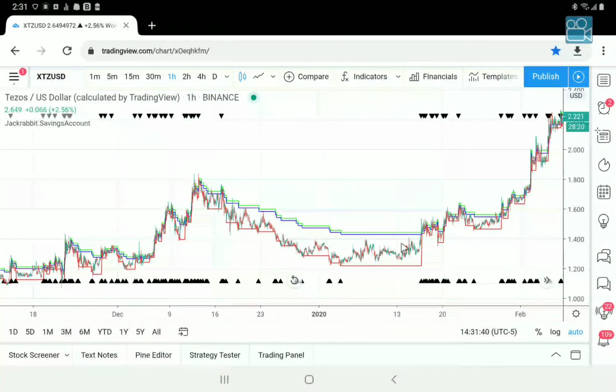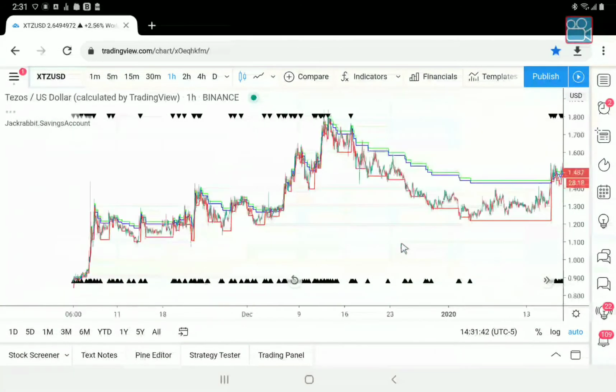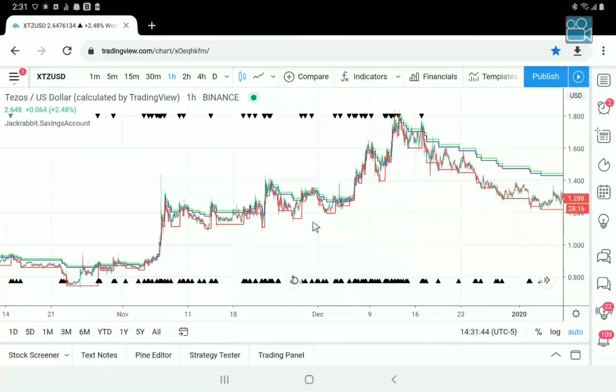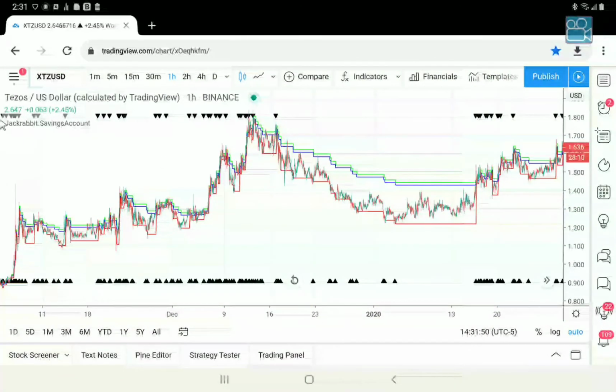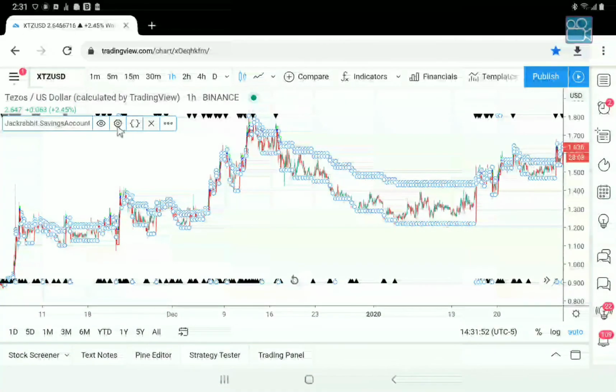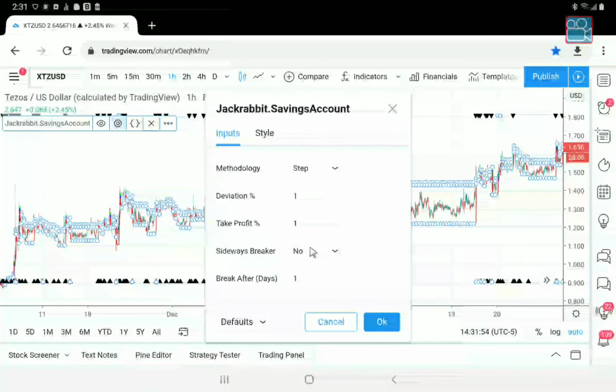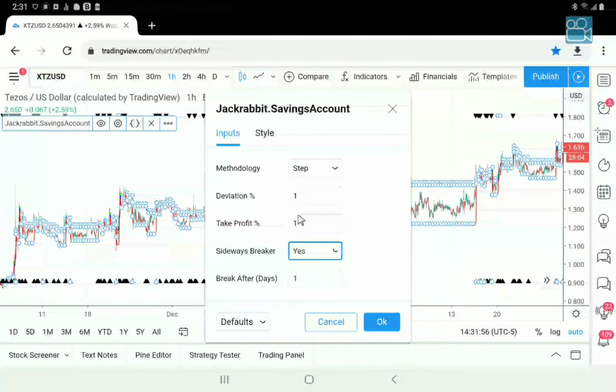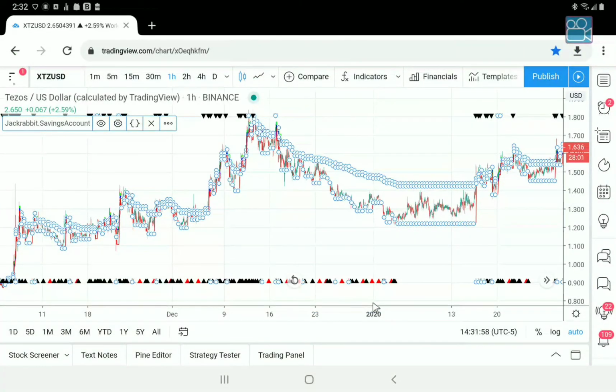Not over the top compared to some. I don't know if I would use a sideways breaker on it, because this might be a little too much. Let's see. Then again, it might actually be a good fit. Let's turn it on and see. Nope, it's not.